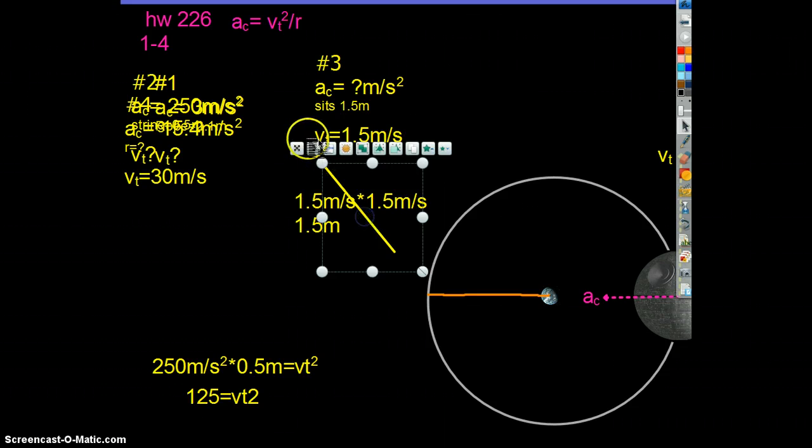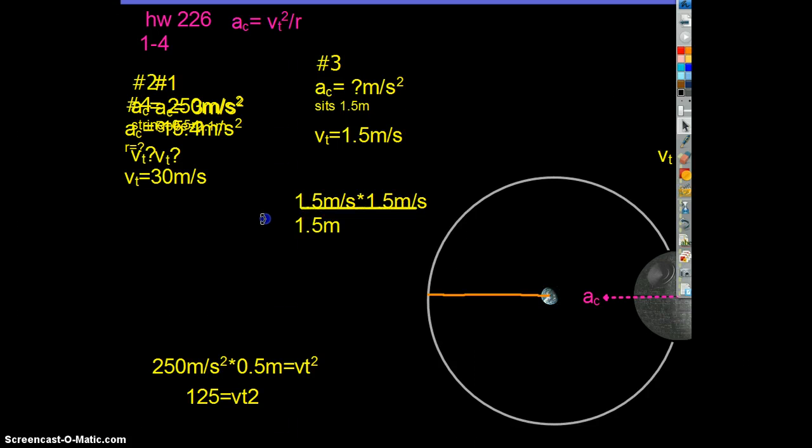And all of a sudden, a swing becomes a division symbol. There we go. How nice is that? And if you learned a couple things during math class, you would say, oh, 1.5 divided by 1.5, that doesn't matter. Therefore, the centripetal acceleration in problem number 3 will be 1.5, the meters cancel, meters per second, which is meters per square second. That is our unit. 1.5 is the answer.